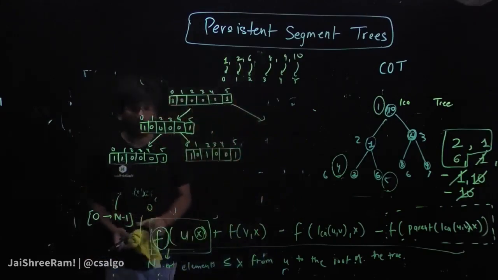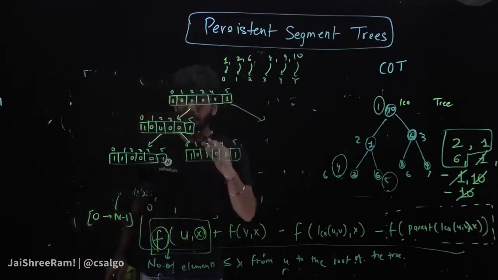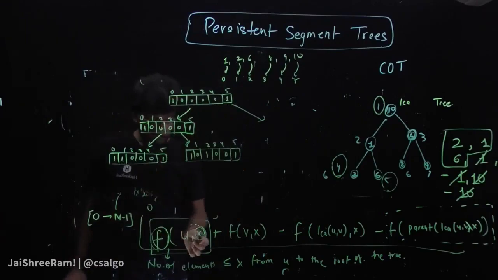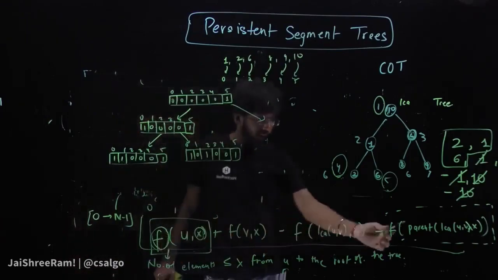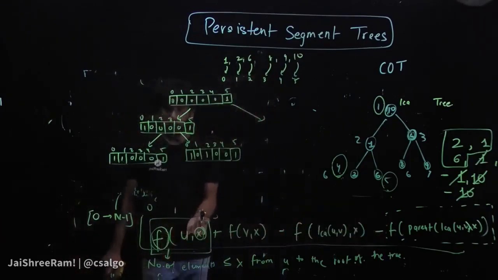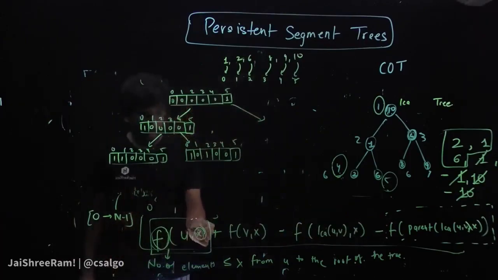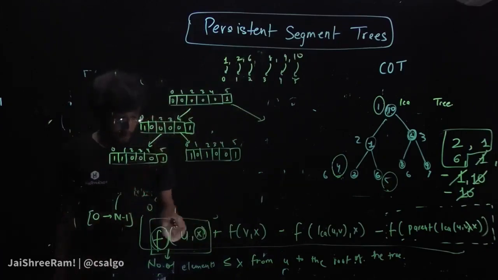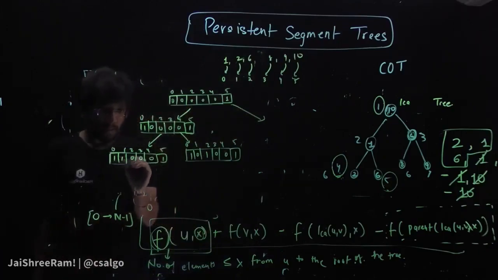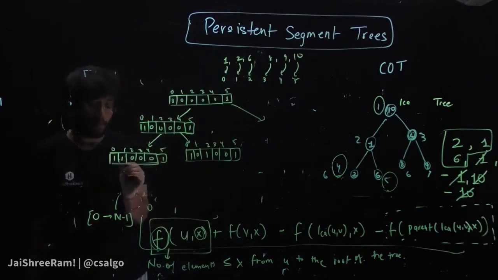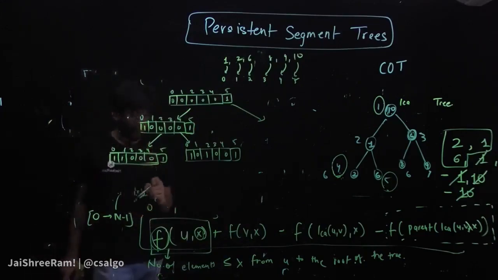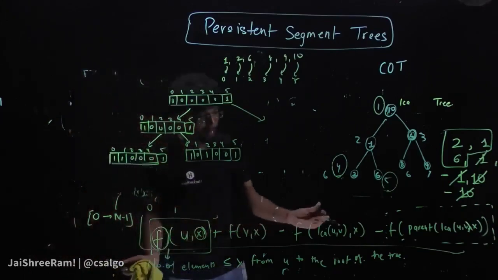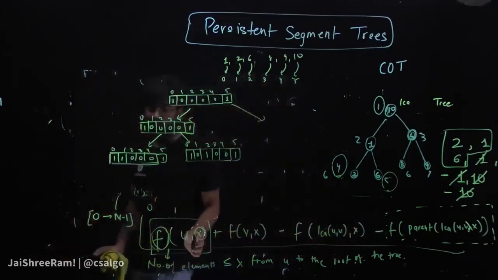So how would these segment trees help us? If I can compute this f function on these segment trees very easily, let's assume that x in my case is 4 right now. So f of u, x is basically the sum of elements up till here. This function, when binary searched, can give me the answer.